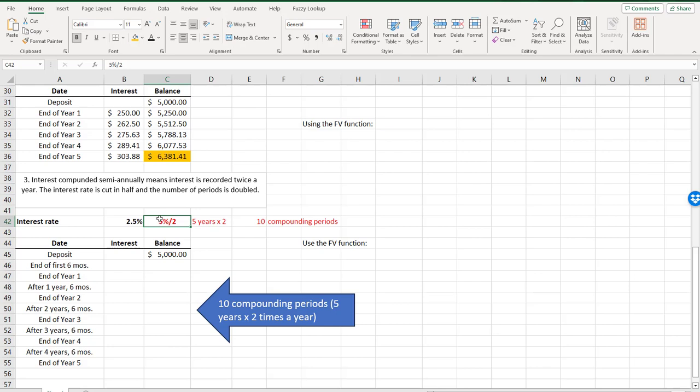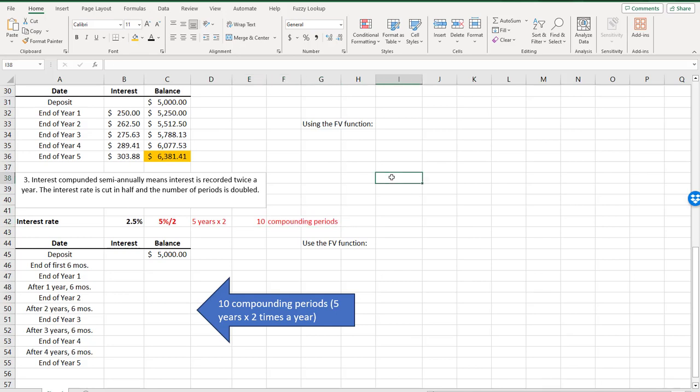So we're taking our 5%, dividing it by 2, and that's giving us 2.5%. That's what we're going to use. And then you take your number of years and multiply it by the number of compounding periods each year, and that gives you the total number of compounding periods, which is going to be 10.